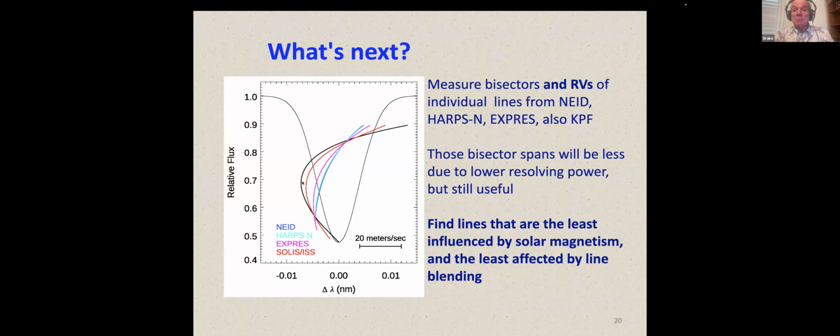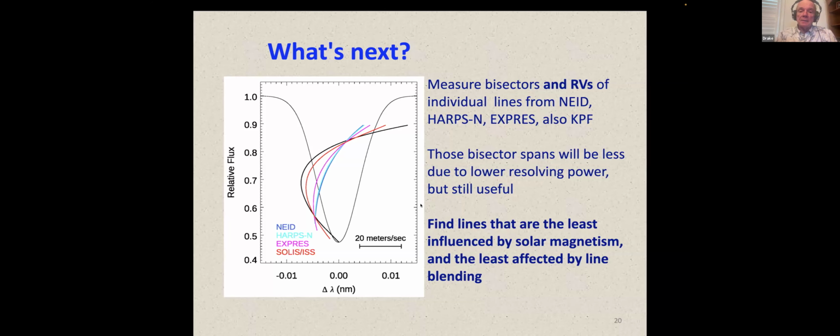So those bisector spans that we will measure with NEID, HARPS-North, EXPRES and KPF will be lower due to the lower resolving power, but they'll still be useful. And we expect to be able to measure changes in the bisector as a function of solar activity, and to be able to demonstrate that we can recover center of mass radial velocities in the presence of changes in the bisector and in the presence of line blending, we hope.